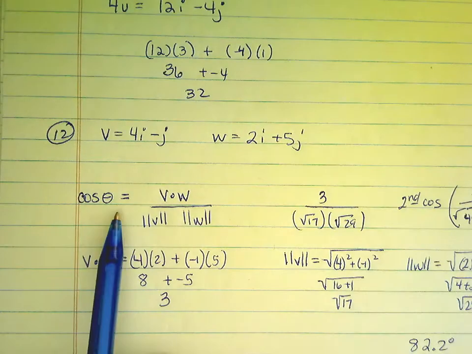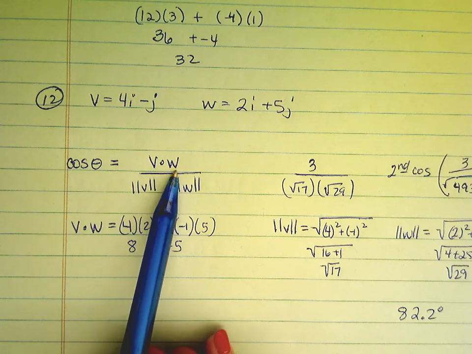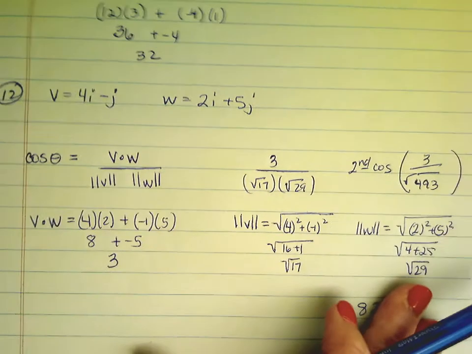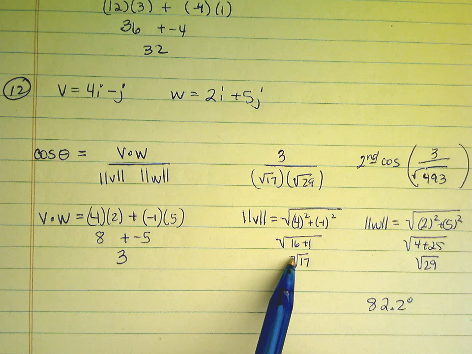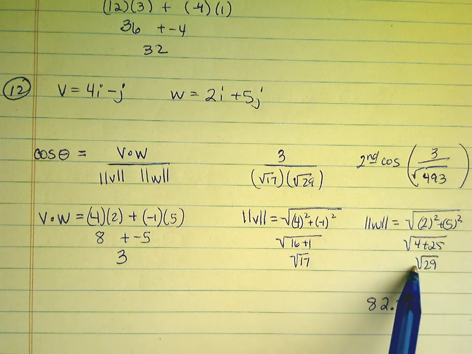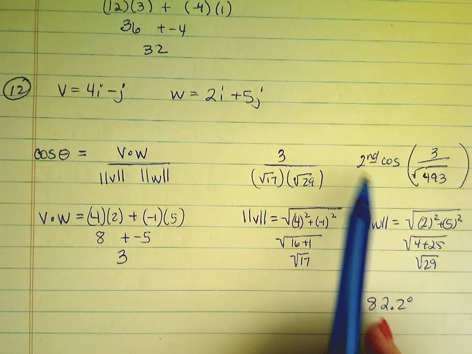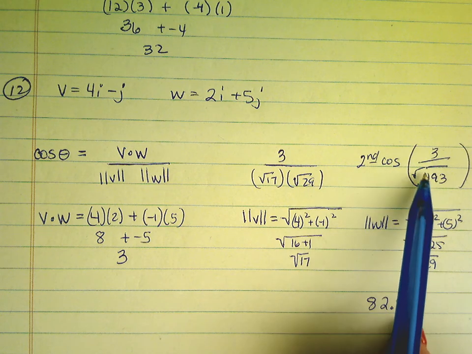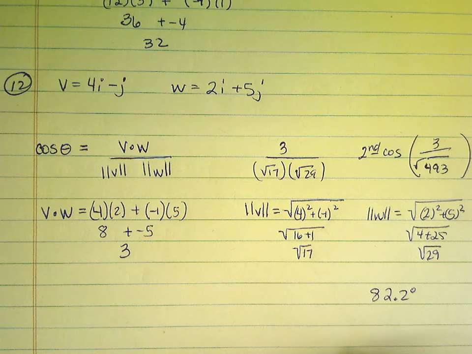And the formula says that to find the cosine of that angle, you need your dot product divided by the product of your magnitudes. So I found the dot product to be 3, the magnitude of V to be square root of 17, and the magnitude of W to be the square root of 29. I went to my calculator and I did second cosine and entered this ratio. I multiplied 17 and 29 to get the 493.